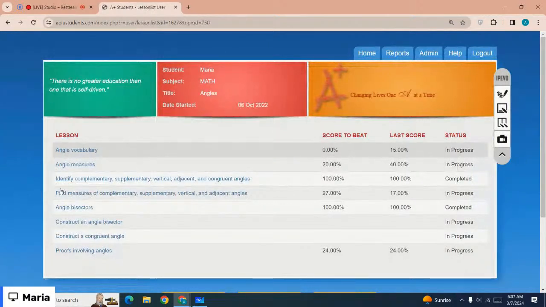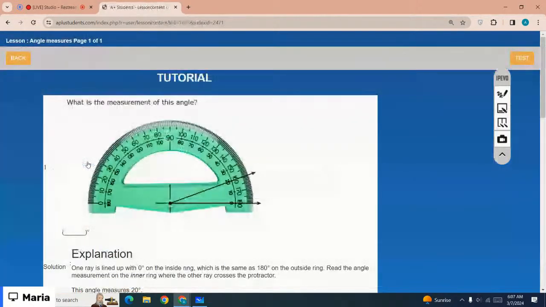The next lesson is angle measures. Okay, so you are given the angle, and you have to measure the angle using the protractor, right? So how do you measure the angle using the protractor? What is the measure of the angle?